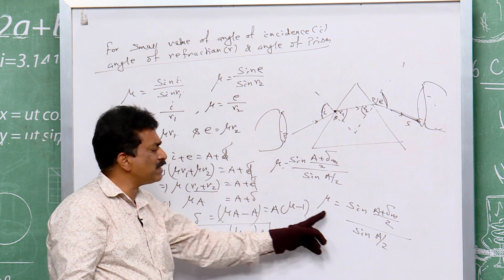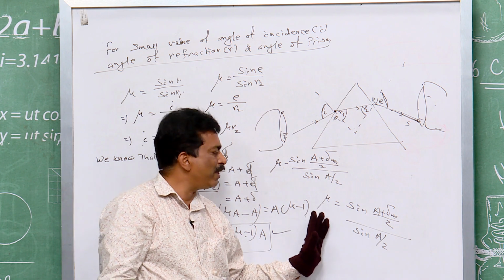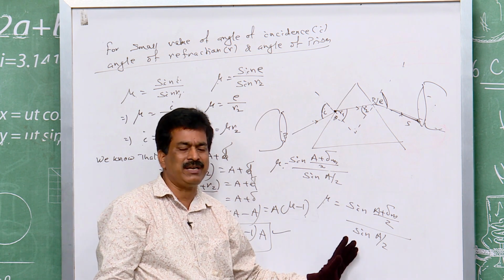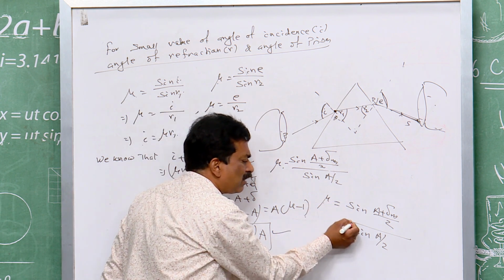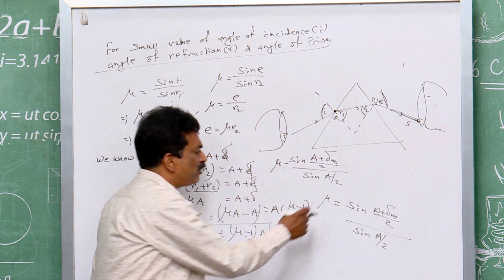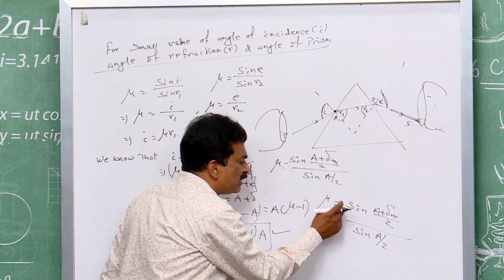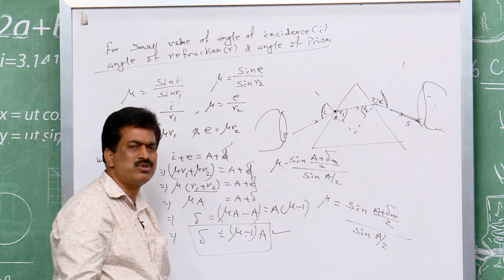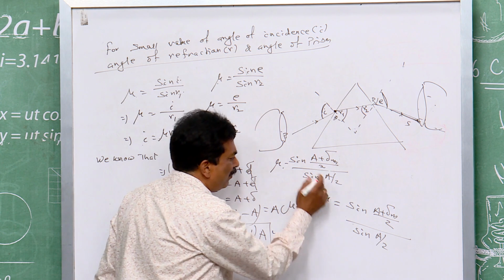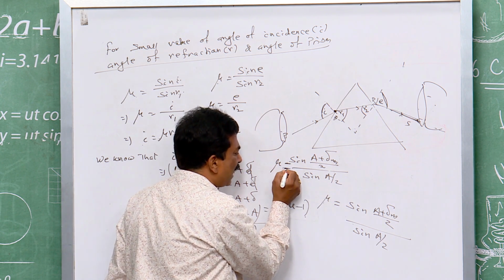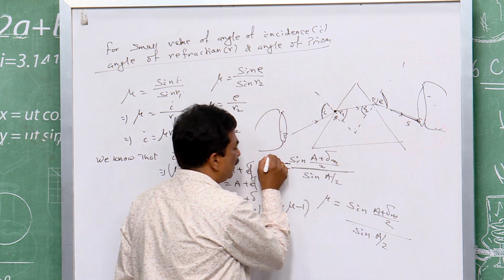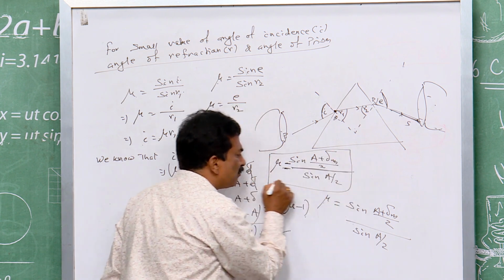I am not saying the formula is wrong, but the way it has been written is wrong. If the equals sign and the division sign are between two lines, the division sign must remain between the two lines of the equals sign. Therefore, when writing mu equals this, the division sign should remain between the two lines. Then it looks very good.